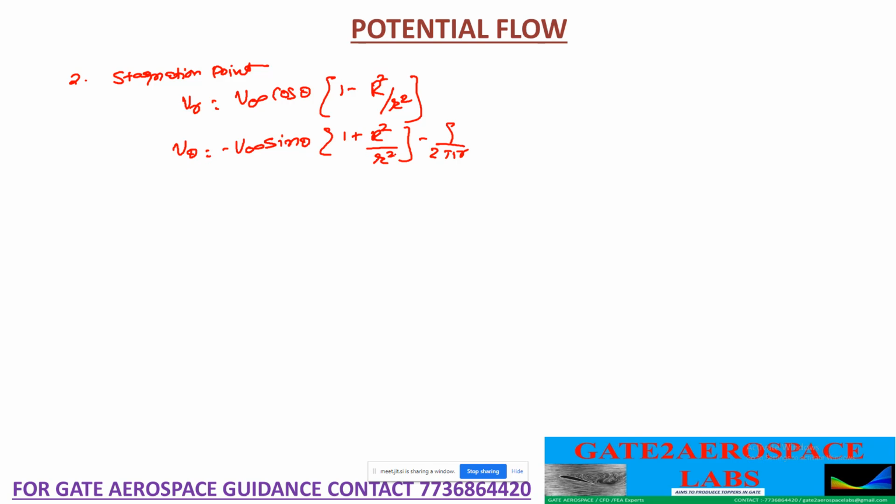Now we want a stagnation point. That means this also should be equal to 0. This also should be equal to 0. How is it possible?